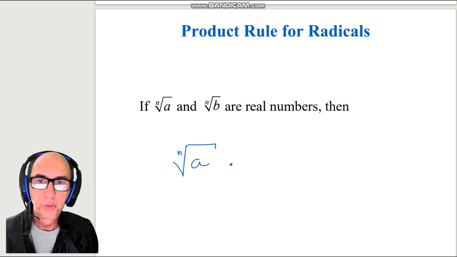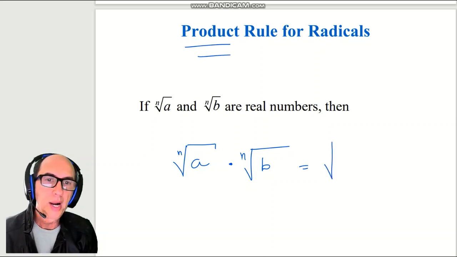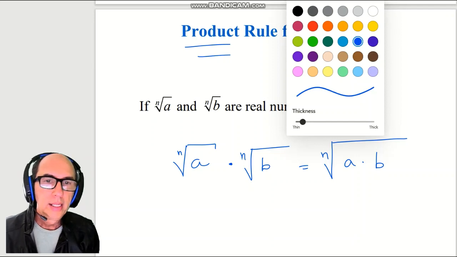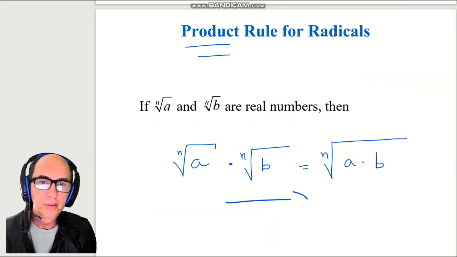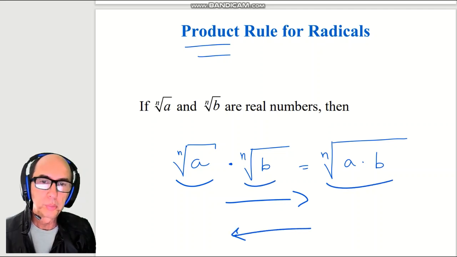If you multiply the nth root of a times the nth root of b, there is a property, the product rule, that says you can write this under the same root, the nth root of a times b. And this is going to be helpful to simplify radical expressions. Sometimes you have to join together like this. Sometimes you have to split.